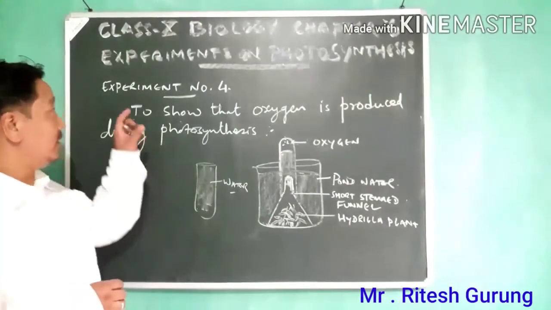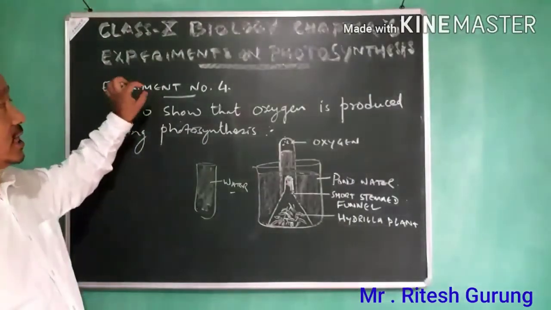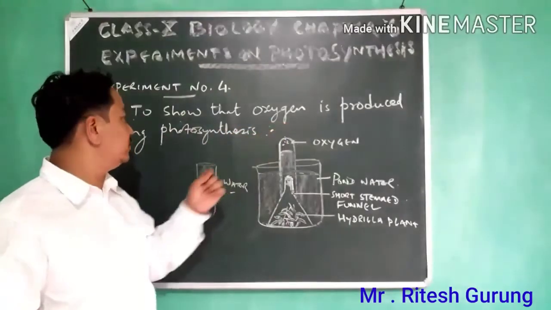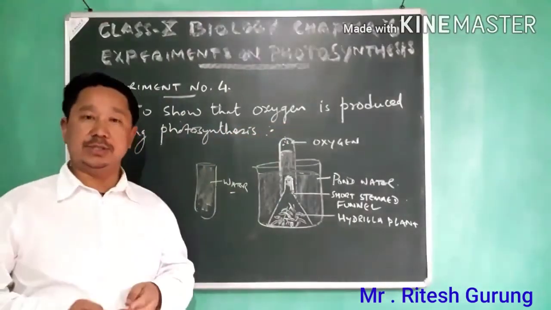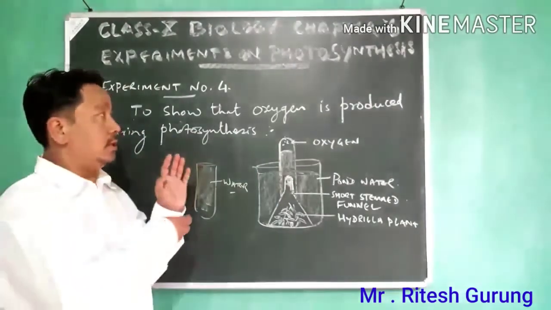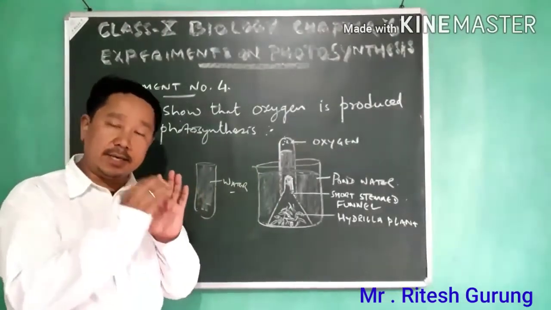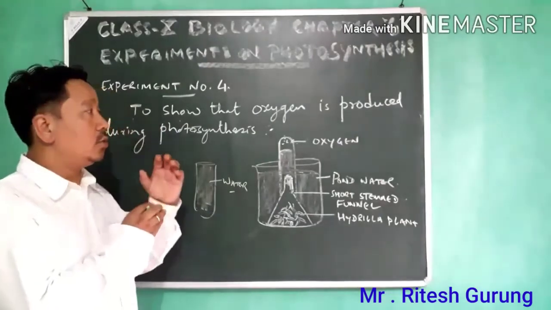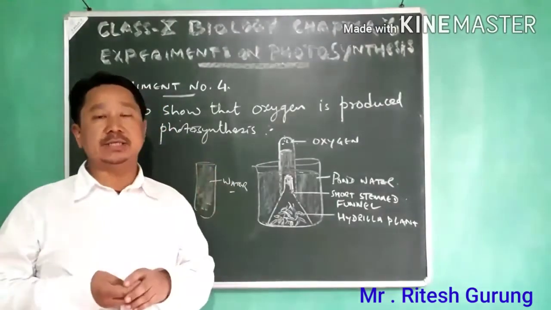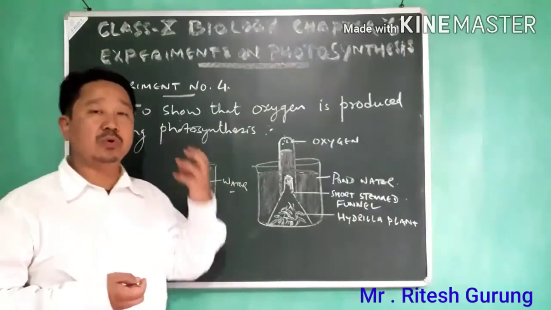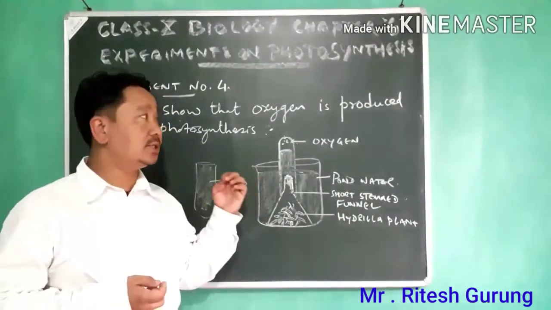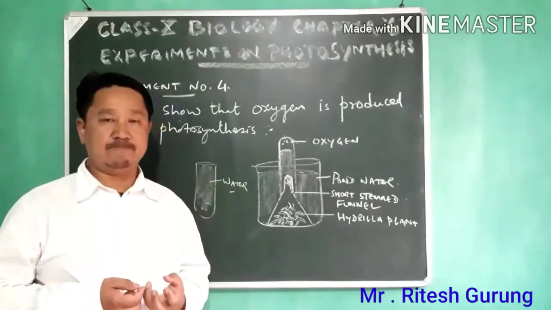Now we have the last experiment, number 4, to show that oxygen is produced during photosynthesis. As you all know, photosynthesis not only manufactures food but also releases oxygen to the atmosphere.